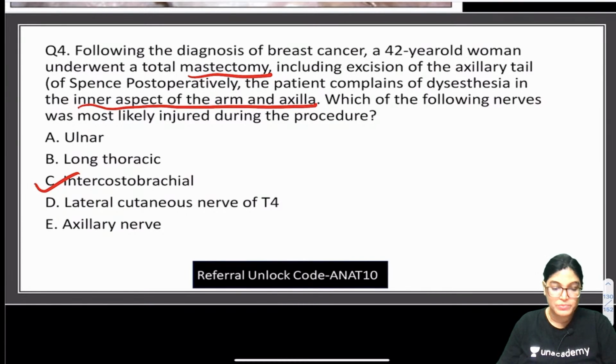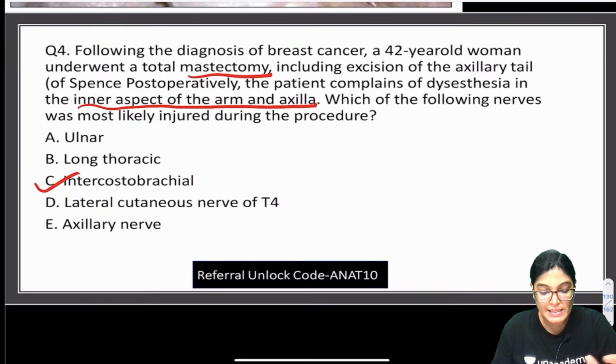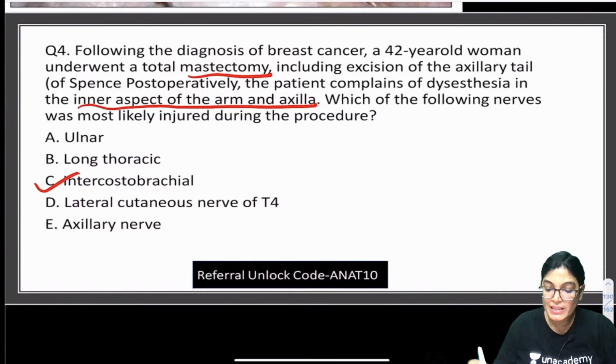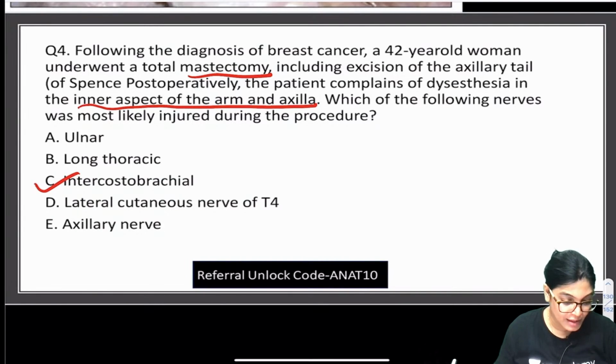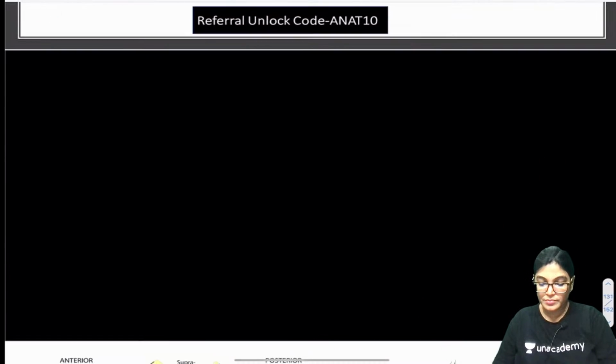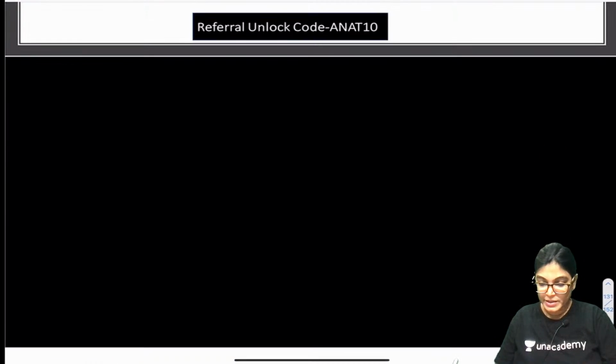Absolutely right, everyone. So the cutaneous sensation of the medial aspect of the arm is gone.